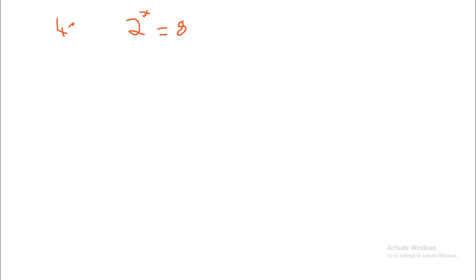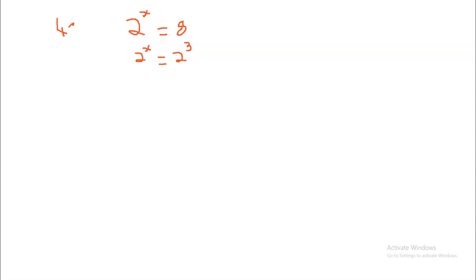Then you do shift and fact, and they're going to give you 8 as 2 to the power of 3. So you do 8, shift, fact. That will be 2 to the power of 3.